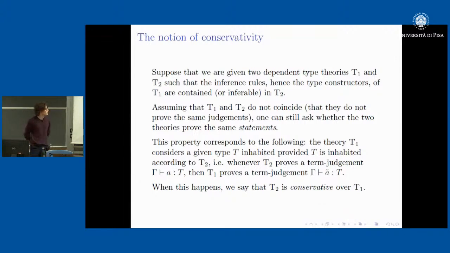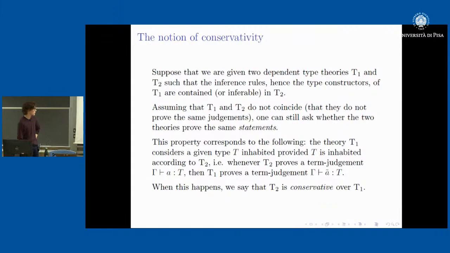Even in this situation, we can still ask ourselves whether the two theories prove the same statements. If you interpret the types of a dependent type theory as statements, and the terms of these types as proofs of the statement, then this property corresponds to asking that the theory T1 considers a given type, capital T, inhabited as long as it is inhabited according to T2.